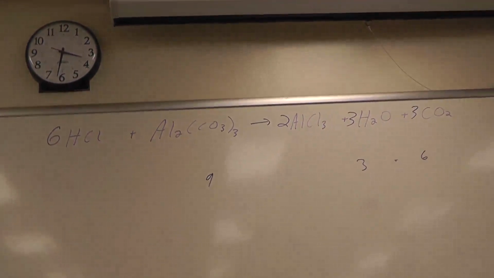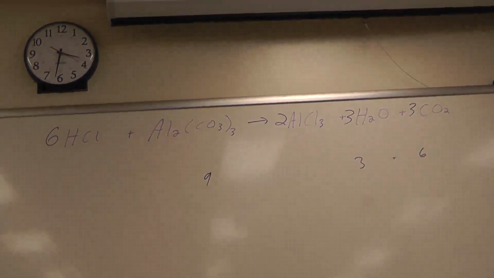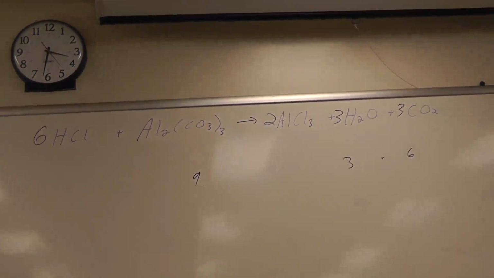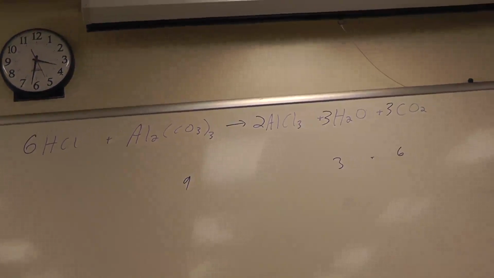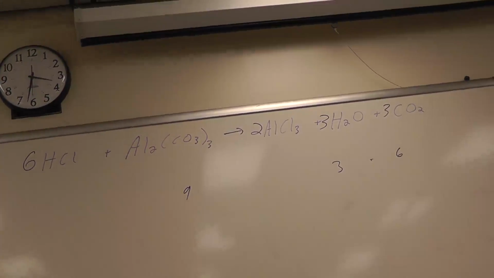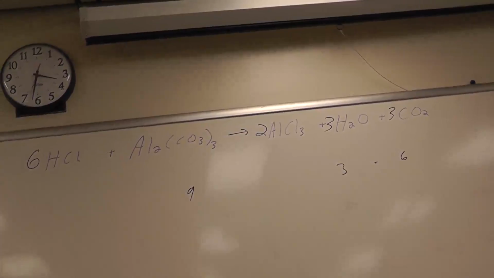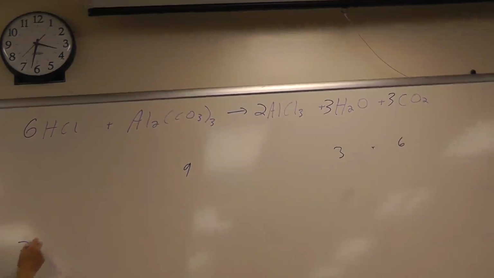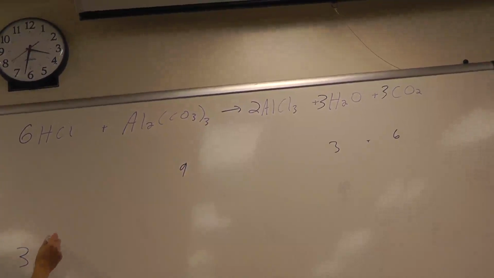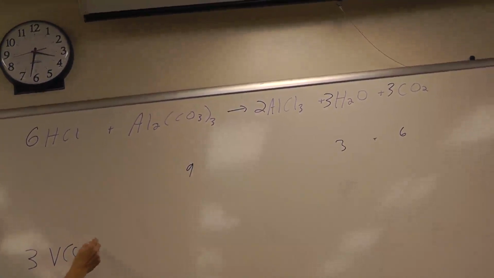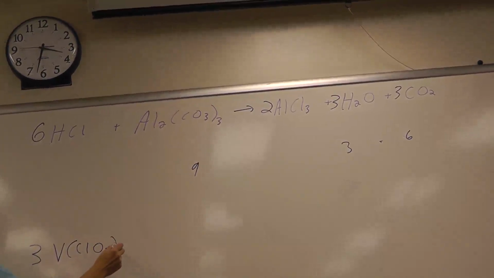Question with that? Yes. In the one we just did with the 1.5 grams of it, you multiplied, or maybe I didn't see this right, but it's the 3 times the 0.4 times the 5. But in this one, you didn't. Is that because it was a coefficient instead of a subscript? What was the formula? 3V(ClO4)5.